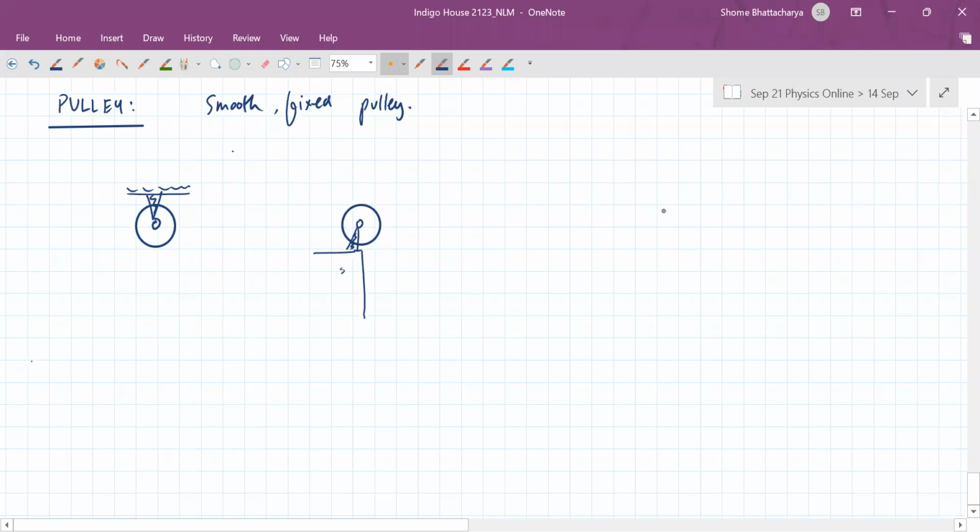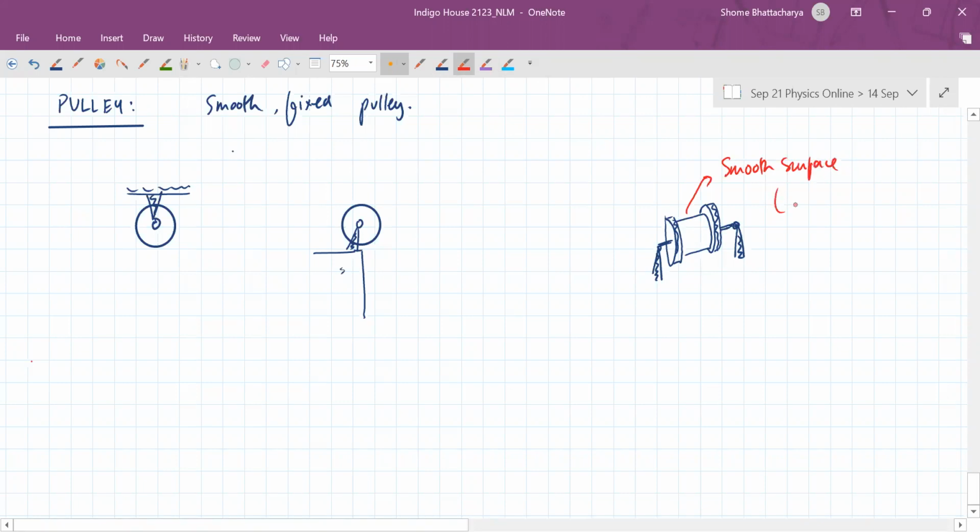So the three-dimensional proper structure of the pulley would be that it's like this. Now, a smooth fixed pulley means that this surface of the pulley is a smooth surface.